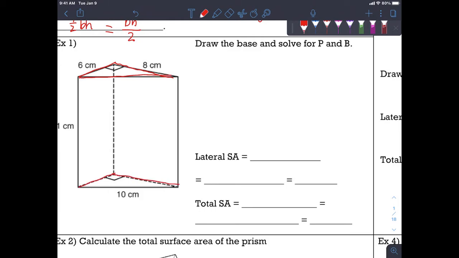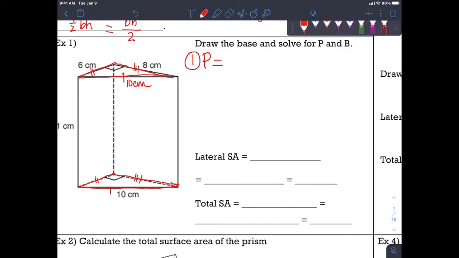I'm going to outline those just to remind myself that I'm using that as the base. So I need to find the perimeter. I see that these guys are going to be congruent, so that means that this side up here is also 10 centimeters. Step number 1, I need to find my perimeter.